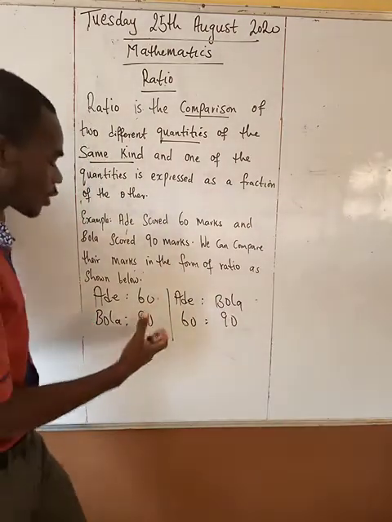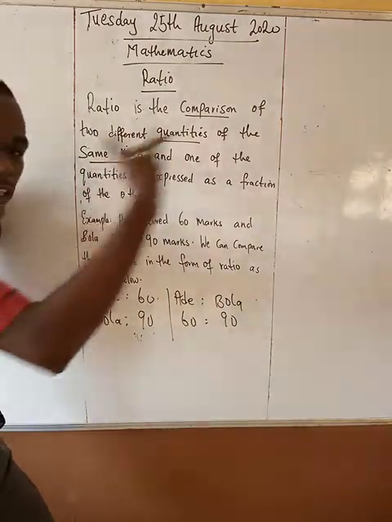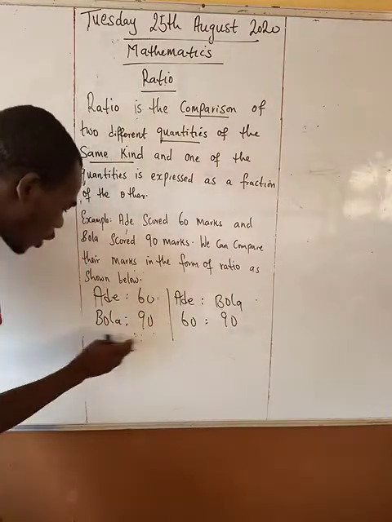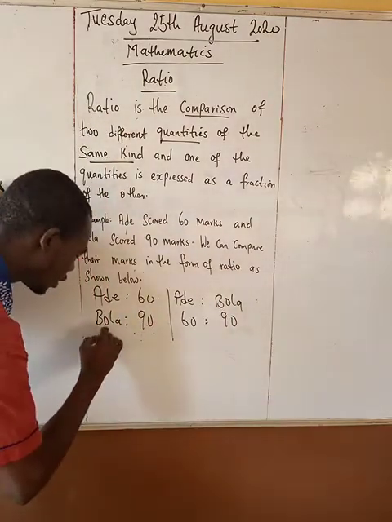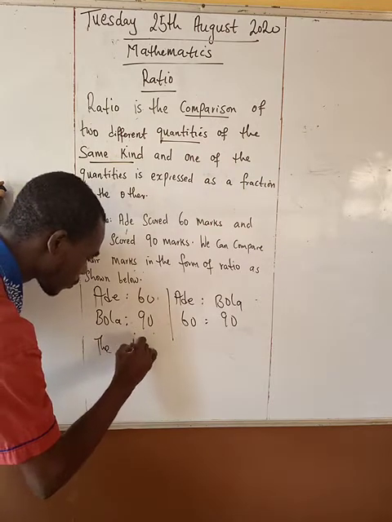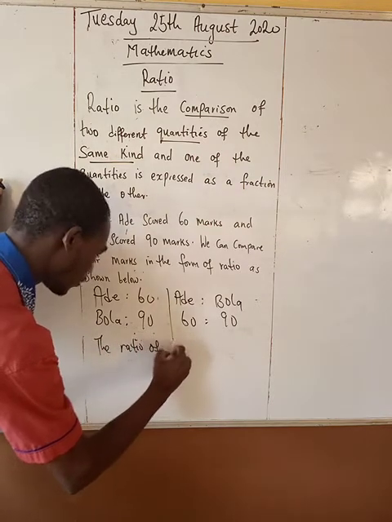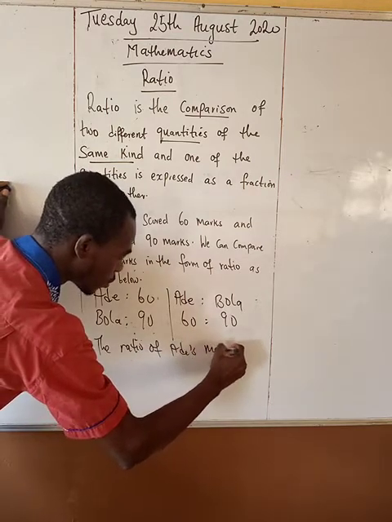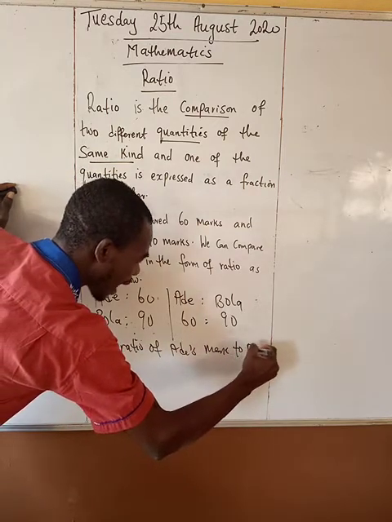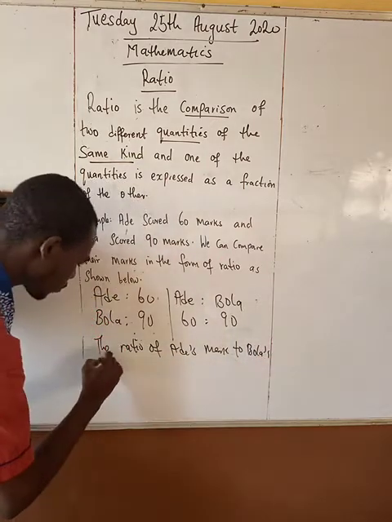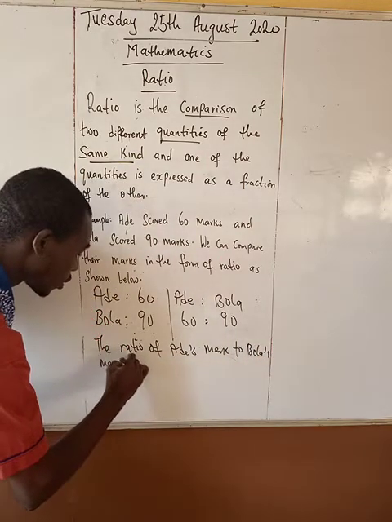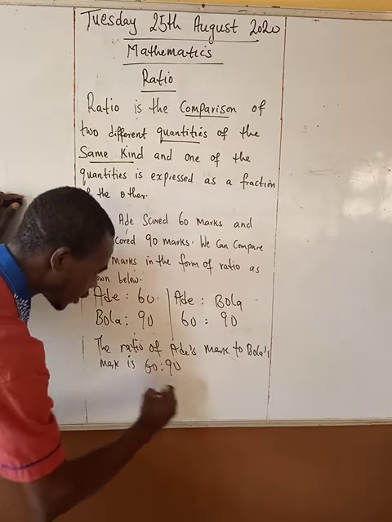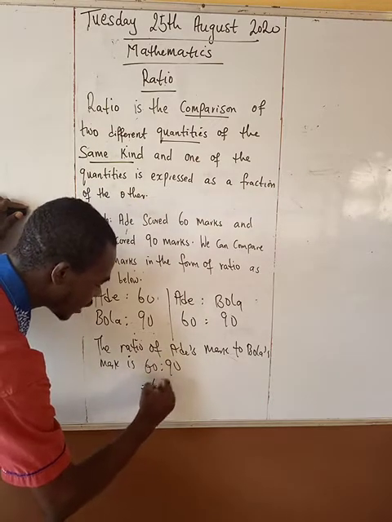So now you want to express it as a ratio of the marks. You say the ratio of Ade's mark to Bola's mark is 60:90, which is the same thing as 60/90.